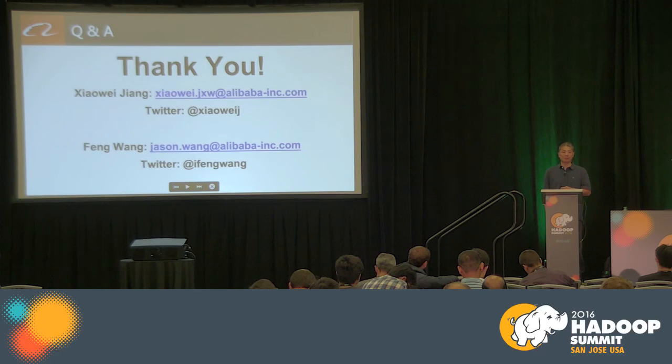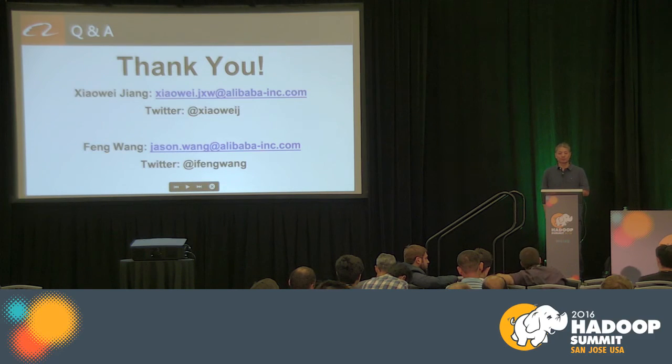For example, in terms of streaming, Alibaba is also a big contributor in Storm. Alibaba invented JStorm and contributed back to the Apache community. We are actually working together with these guys to make Flink better. It's a joint effort now.